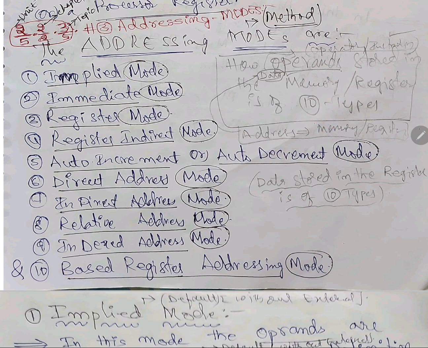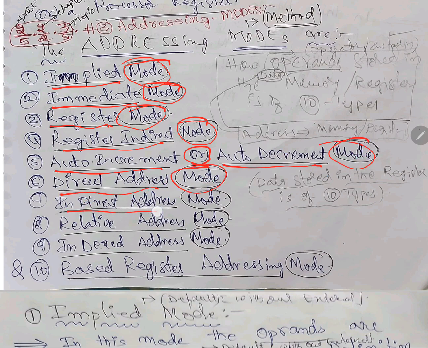Implied mode, immediate mode, you need to memorize this, very important. Register mode, register indirect mode, auto increment or auto decrement mode, direct address mode, indirect address mode. This direct and indirect, very simple. Auto increment and auto decrement.